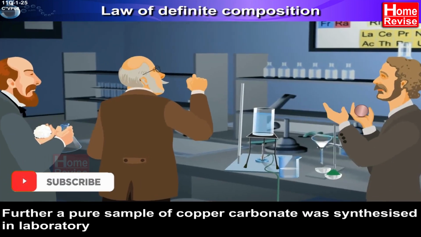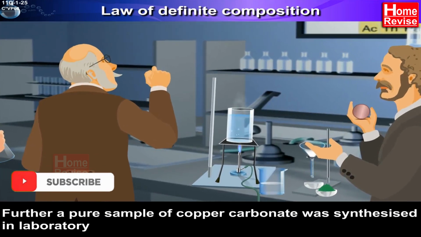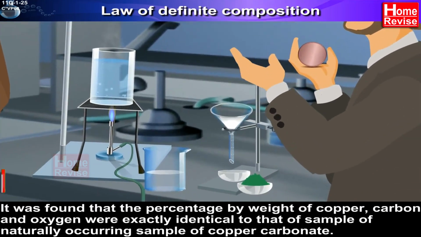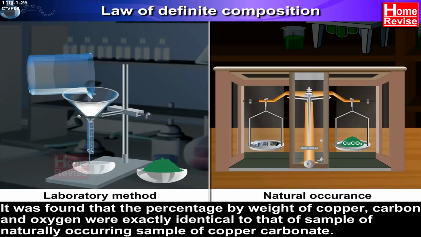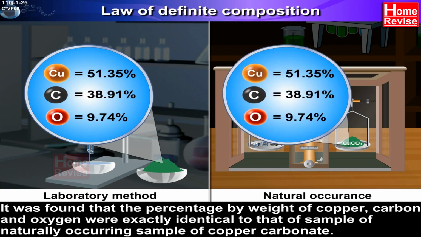Further, a pure sample of copper carbonate was synthesized in the laboratory, and it was found that the percentage by weight of copper, carbon, and oxygen were exactly identical to that of the naturally occurring sample of copper carbonate.